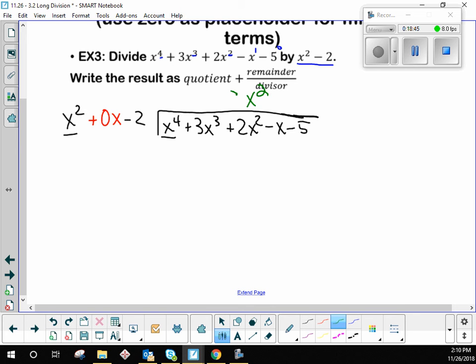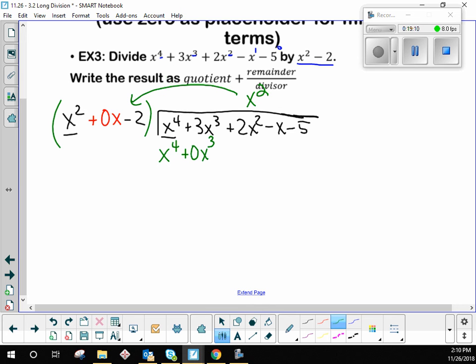I'm going to take that x squared times everything in the divisor. So that will give me x to the 4th. And I'm not going to write 0 for the next term. What I'm going to do is multiply the coefficients. 0 times 1 is 0x cubed. Okay, so it's just a placeholder. You don't have to write that 0x cubed.